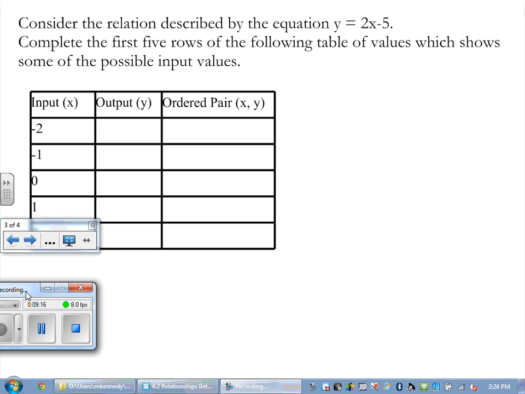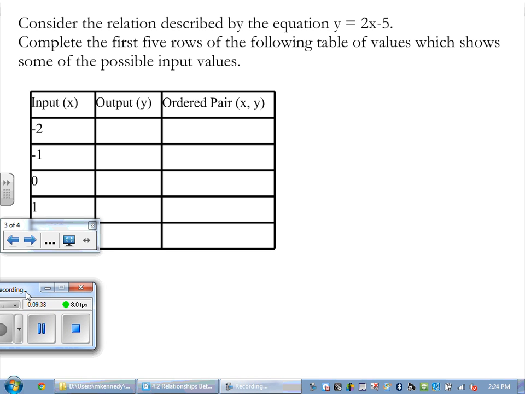You're struggling. The second one sure looks like this. So your y value, your output, should have been negative 7.